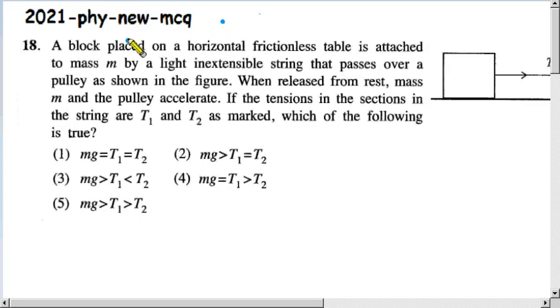So let us now do question number 18 from the MCQ part of the 2021 physics paper. A block placed on a horizontal frictionless table is attached to mass m by a light inextensible string that passes over a pulley as shown in the figure.